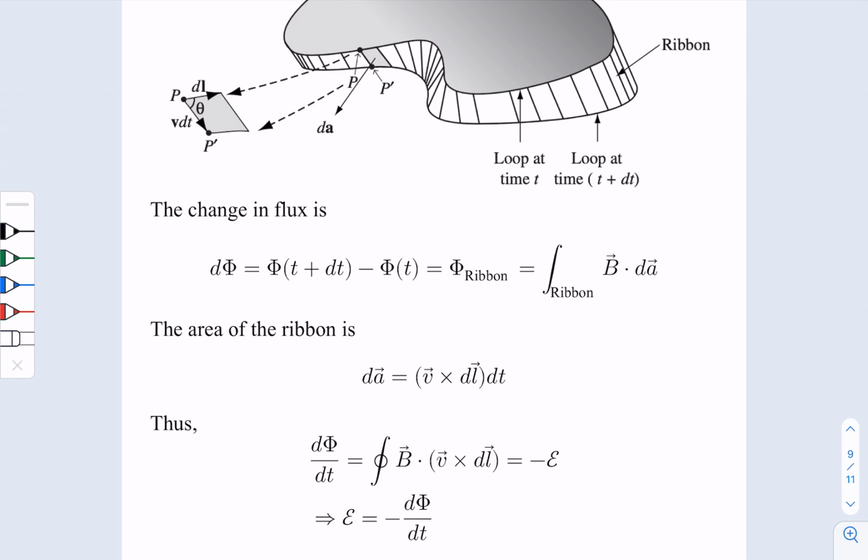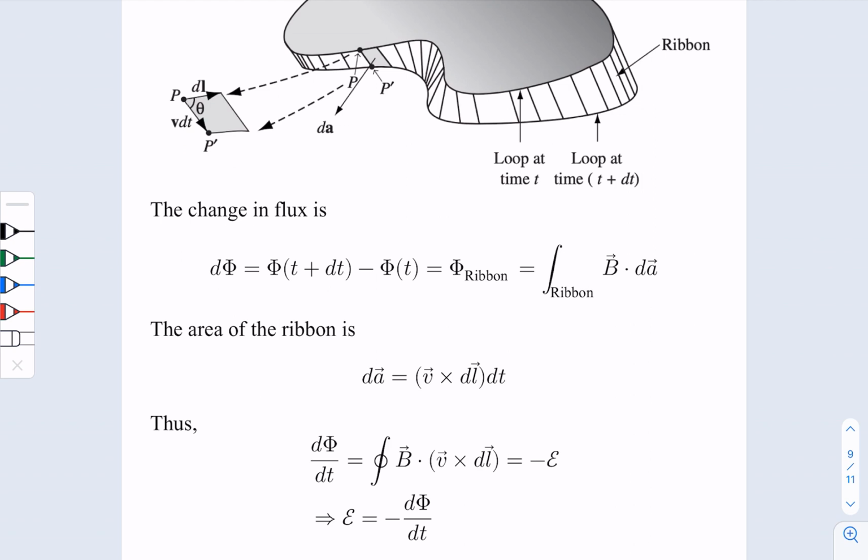Now to get the vector area of this ribbon, we can sum up infinitesimally small area elements. By definition, the initial point P goes to P prime after dt, so the P prime difference is V times dt.